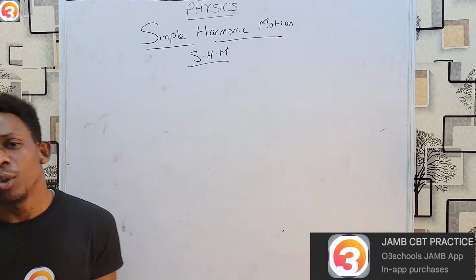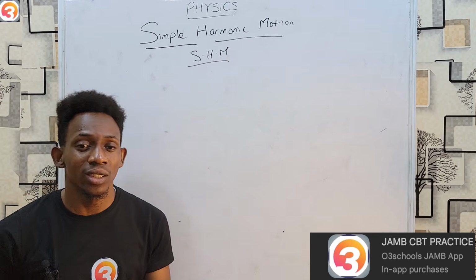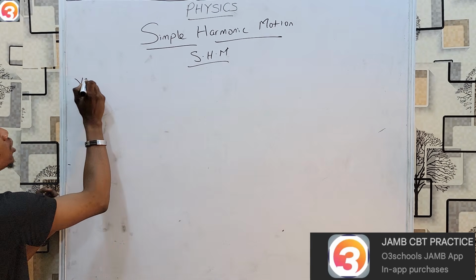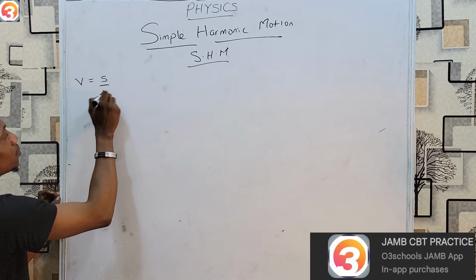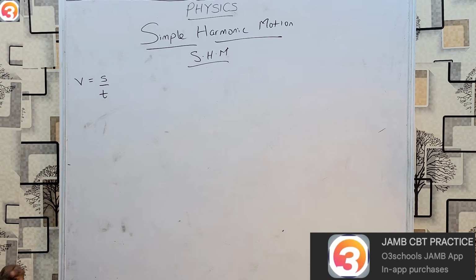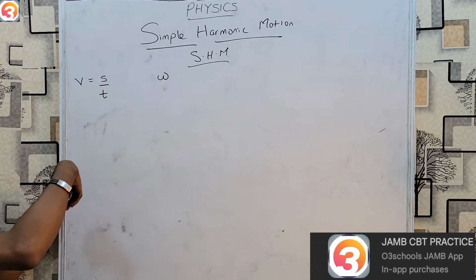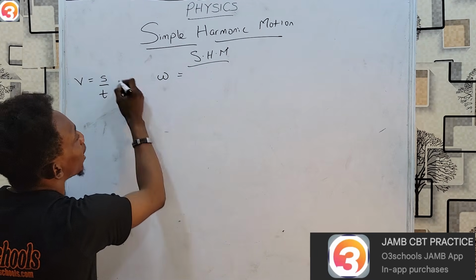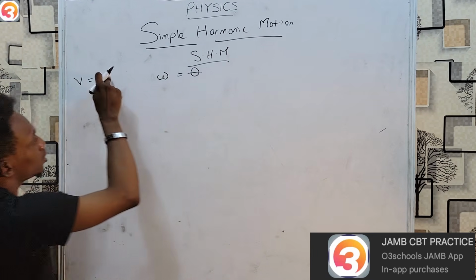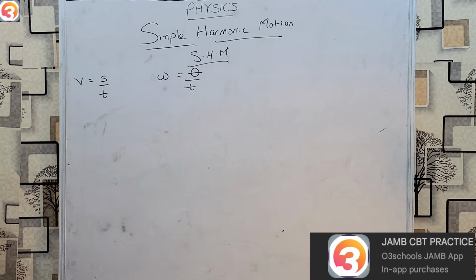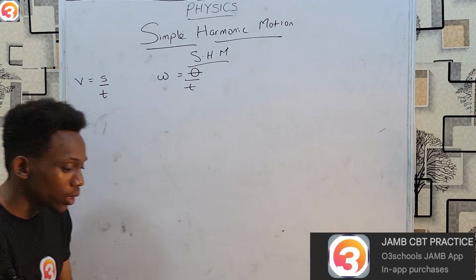But time doesn't have anything to do with space, so time remains time. Therefore, if you remember v equals displacement over time, then the angular version becomes angular velocity, represented by a small letter omega, equals the angle turned, which is theta, representing the displacement, over time. It's that simple. This is the formula for angular velocity.